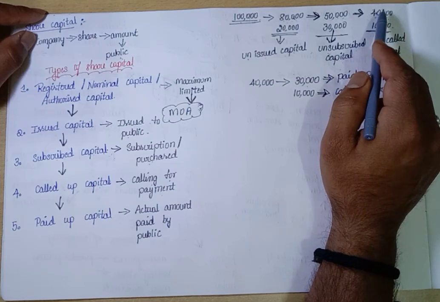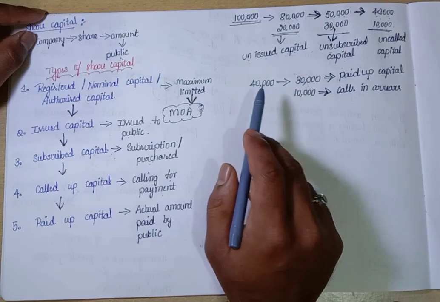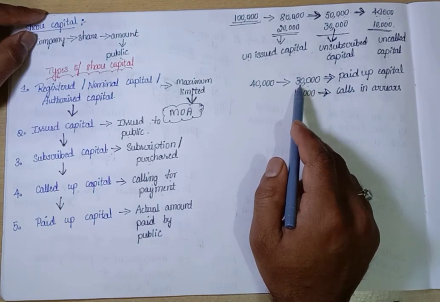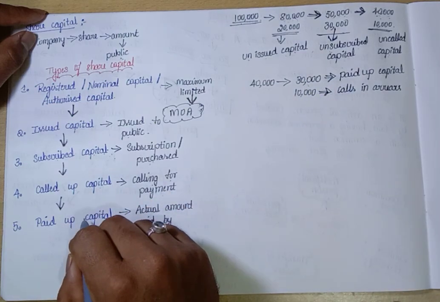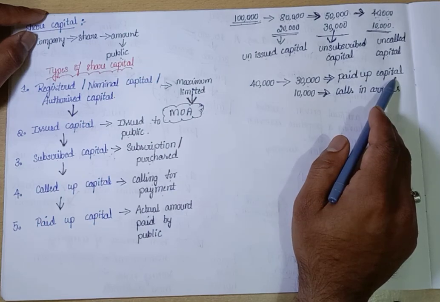Now they have to pay 40,000 rupees. Out of this 40,000 called up capital, the public pays only 30,000 rupees immediately, and whatever the public pays is called paid up capital.